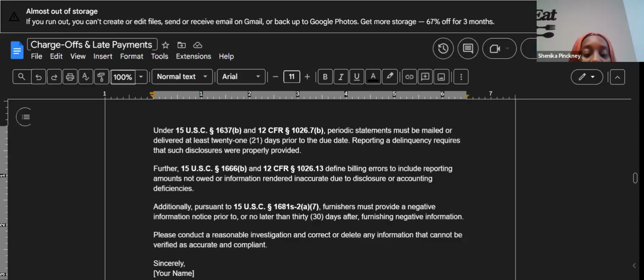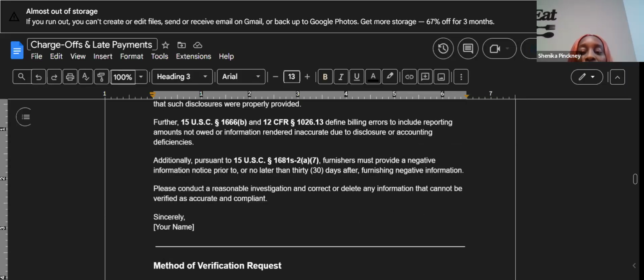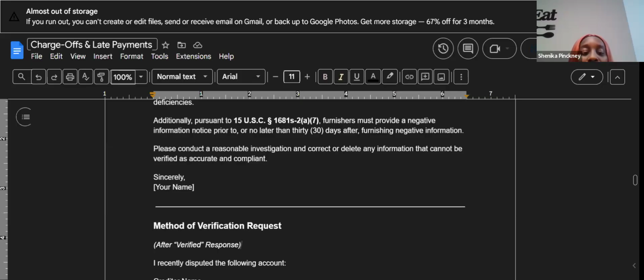Additionally, pursuant to 15 USC 1681s-2(a)(7), furnishers must provide a negative information notice prior to or no later than 30 days after furnishing negative information. Please conduct a reasonable investigation and correct or delete any information that cannot be verified as accurate and compliant. Sincerely, your name. All right.